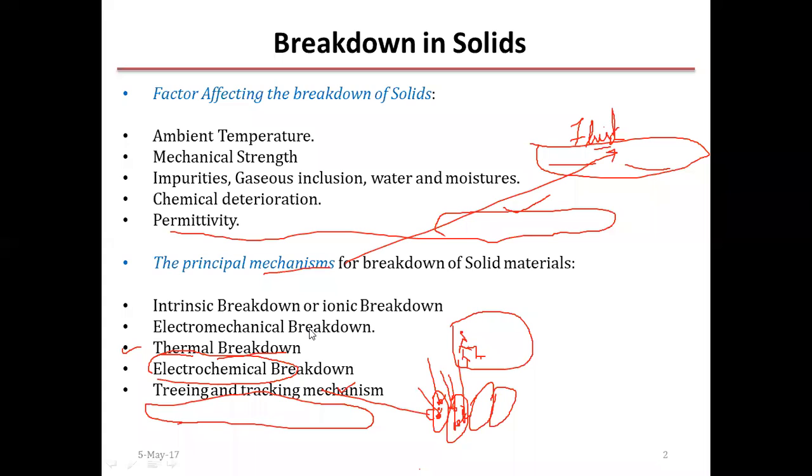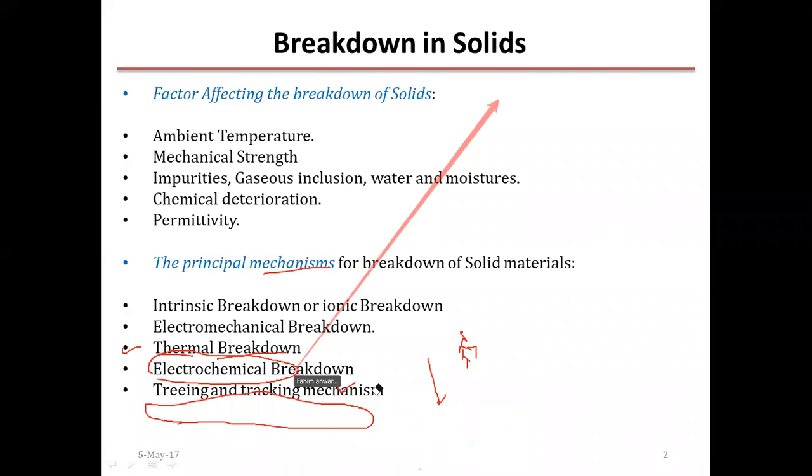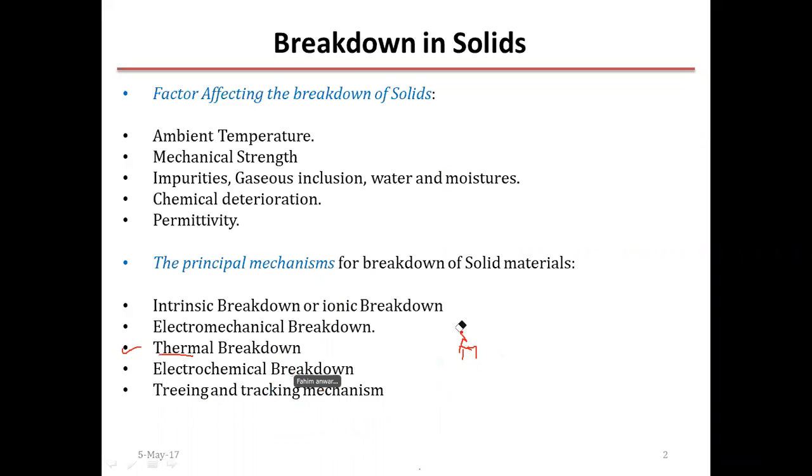Okay, so these are the factors that affect the breakdown of the solid dielectric. One is the ambient temperature, meaning the temperature of the environment, because when any dielectric is exposed to an electric field, two types of temperature will be imposed on the solid dielectric.